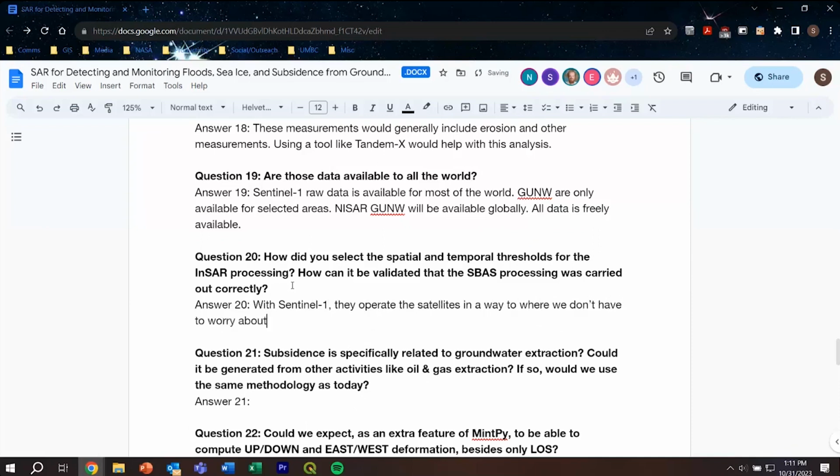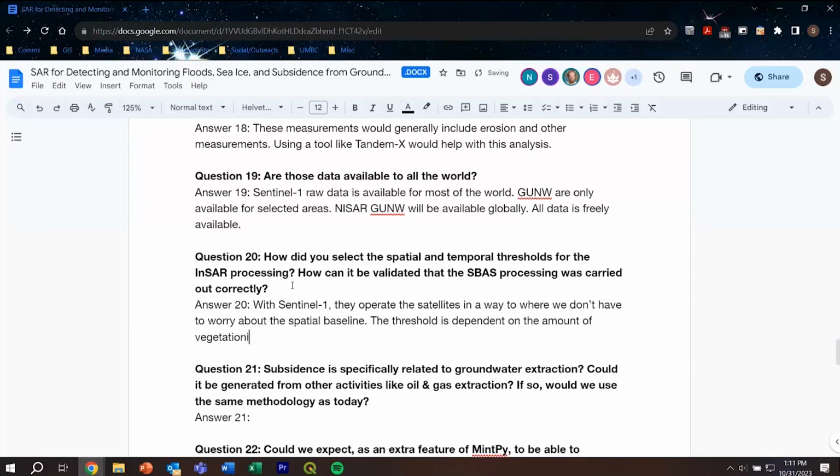The temporal threshold is going to depend on the amount of vegetation in the area where you're working. In an area with moderate vegetation, Sentinel-1 interferograms with intervals of more than usually about 48 days lose coherence.